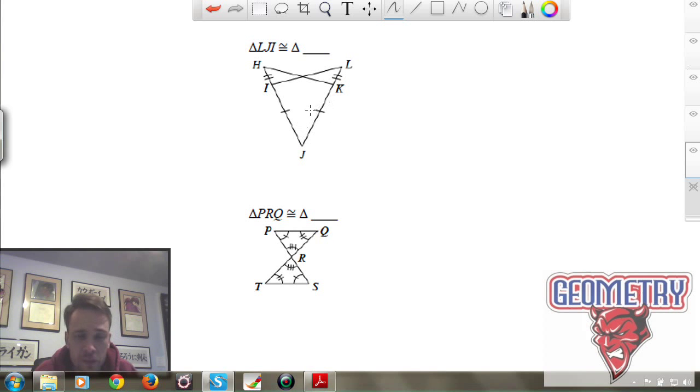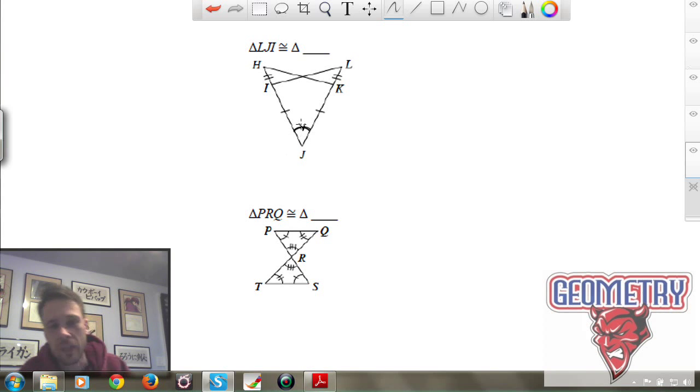And if we look at these two triangles, KJ matches up with IJ. They also share this angle J in between the other pair of sides, LJ and HJ.